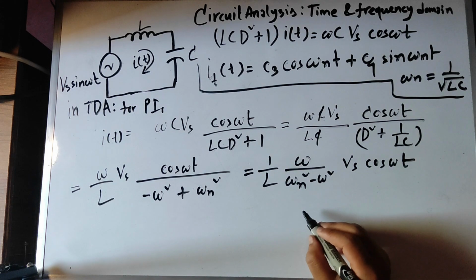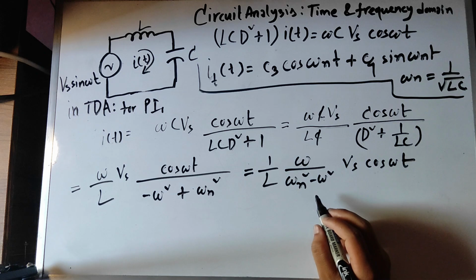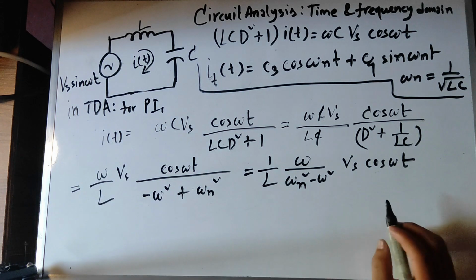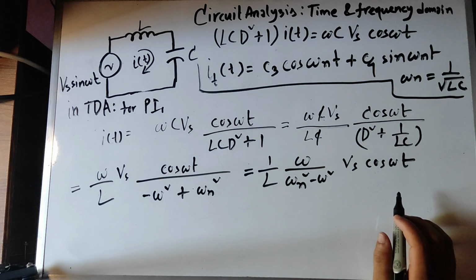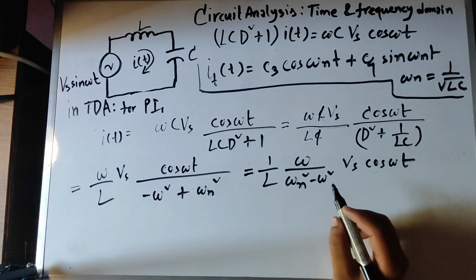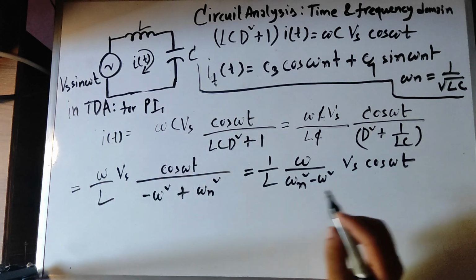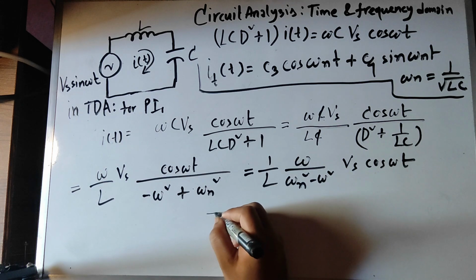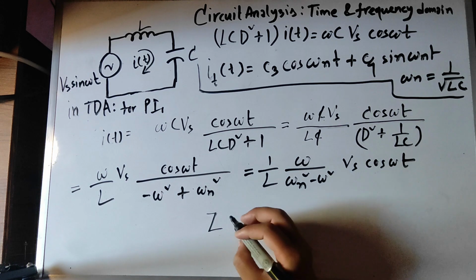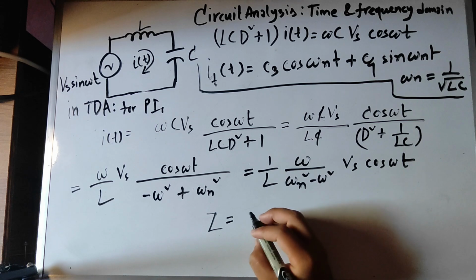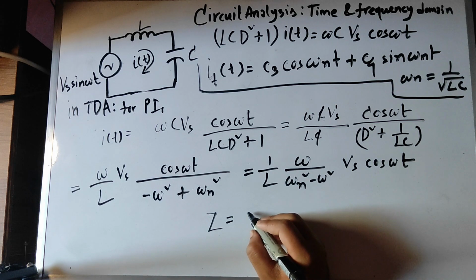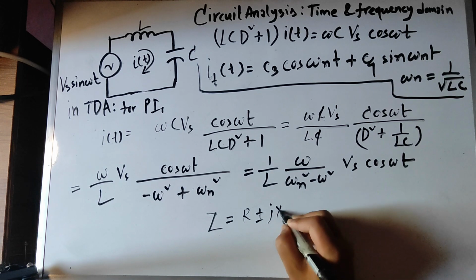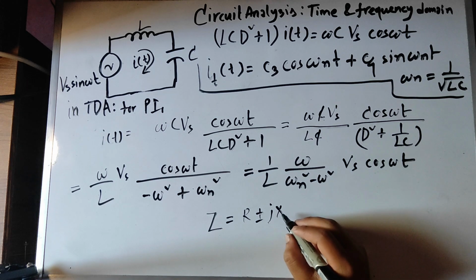Here at this point, we are gonna define something. Our input is a sinusoidal input. The total impedance of the series LC circuit is, say, Z. We know that impedances are R plus or minus jX, where X is the reactance.